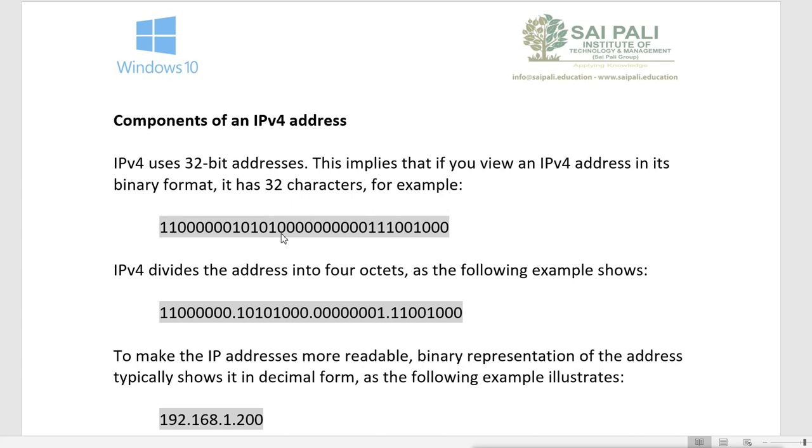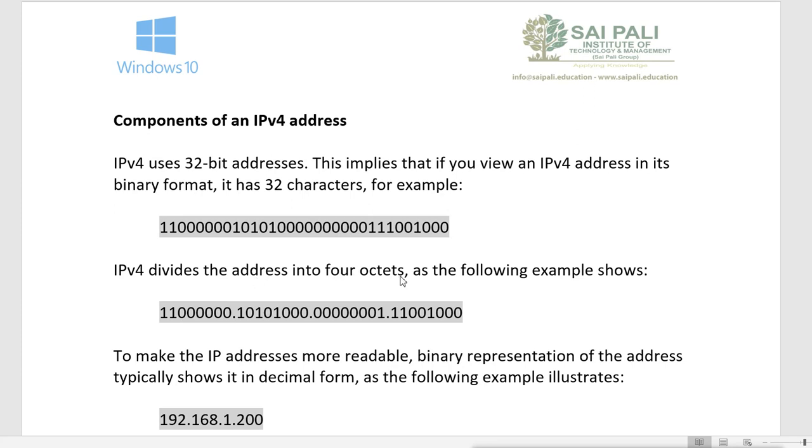It's very simple. Now this IPv4 address is a combination of 32 bits. This means that if you write an IPv4 address in its binary format, it has 32 bit characters. For example, you can see this. It is a 32-bit number, and IPv4 divides the address into 4 octets.